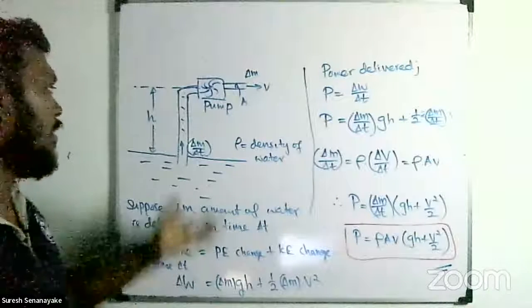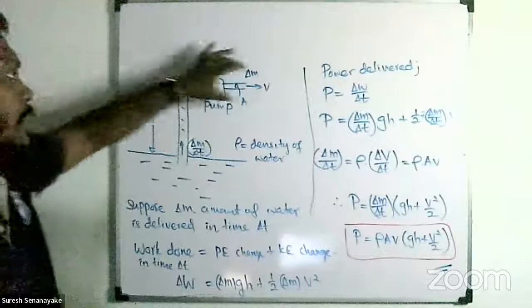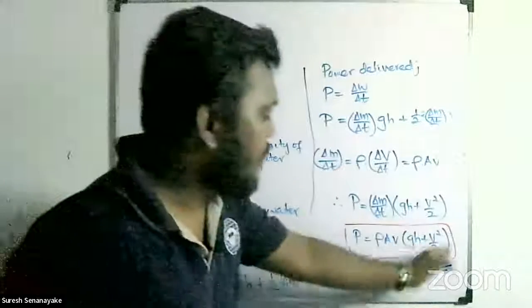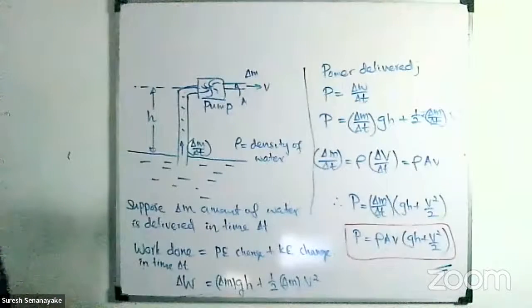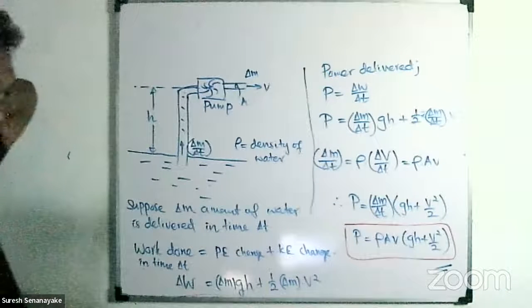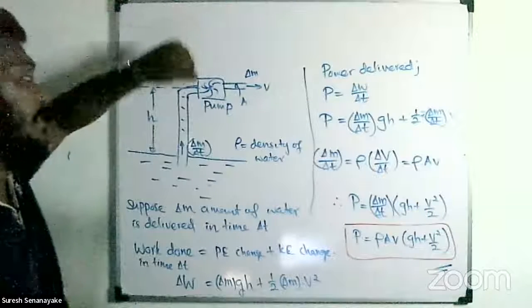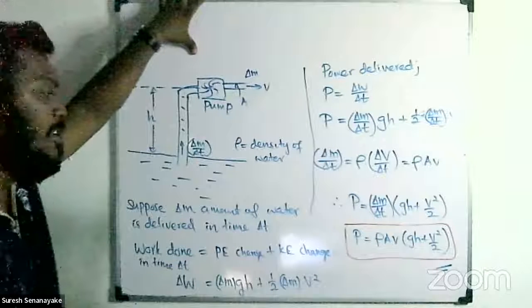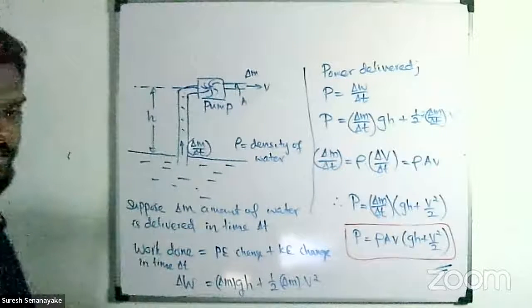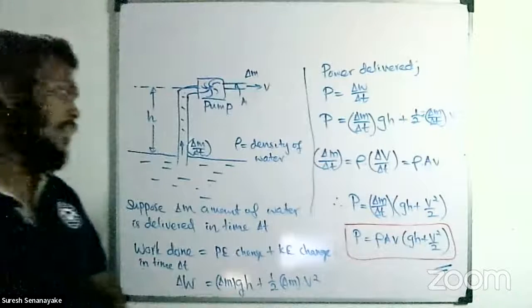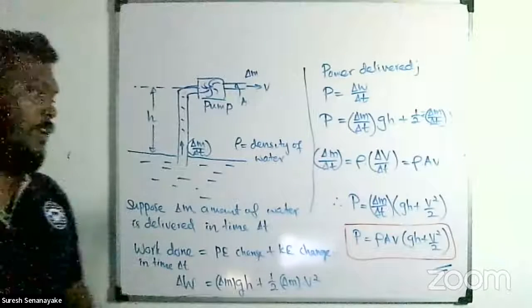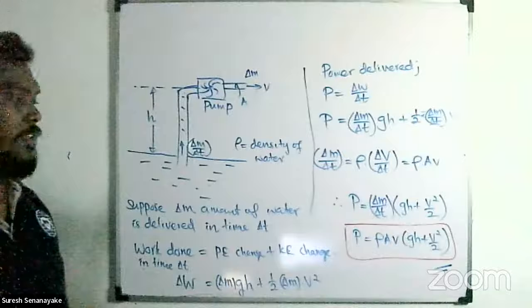If they need to lift the water only without any ejecting, then this velocity part becomes 0, and the other part remains. And for efficiency, if the pump is rated, like its power is 1000 watts or 750 watts, that is the power input, right? The electricity you need to give, that value you need to obtain, and this is the output power. It will not be equal, so the efficiency will be less than the other.